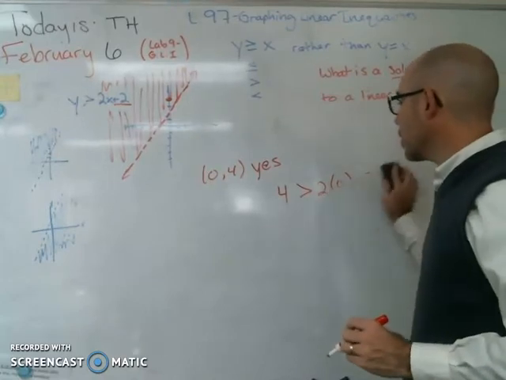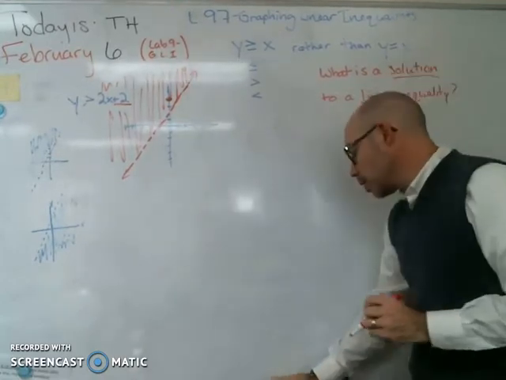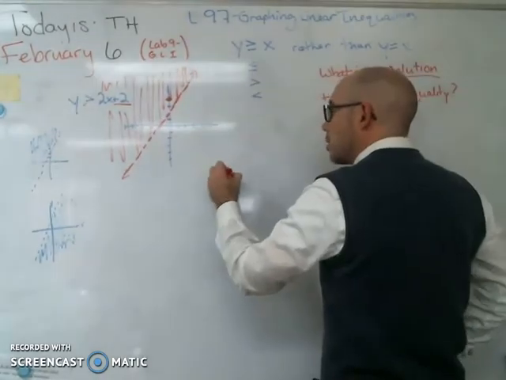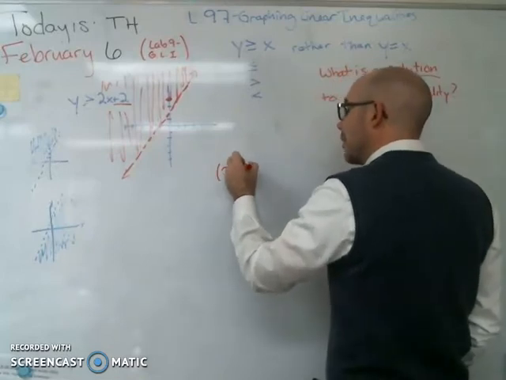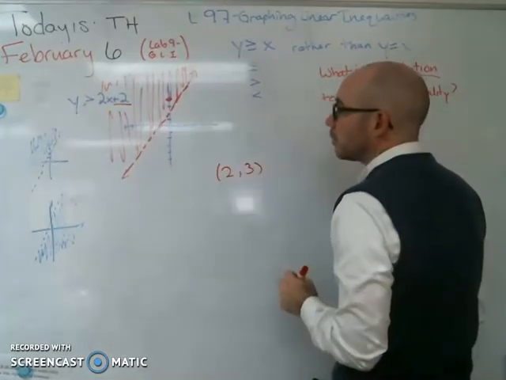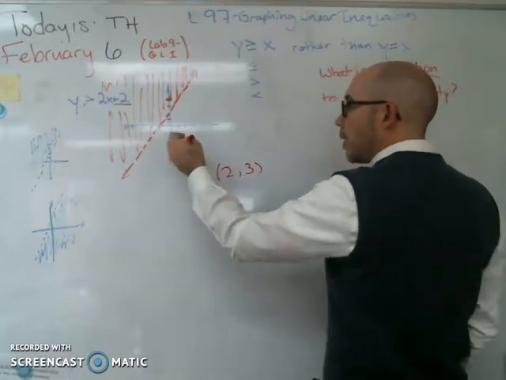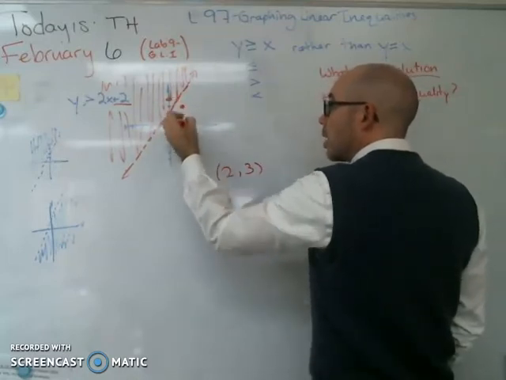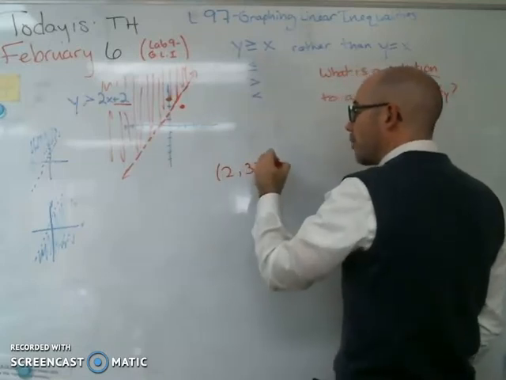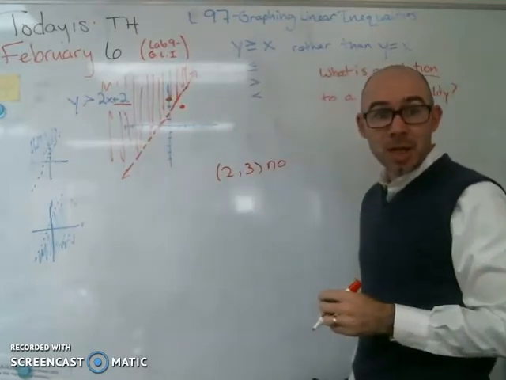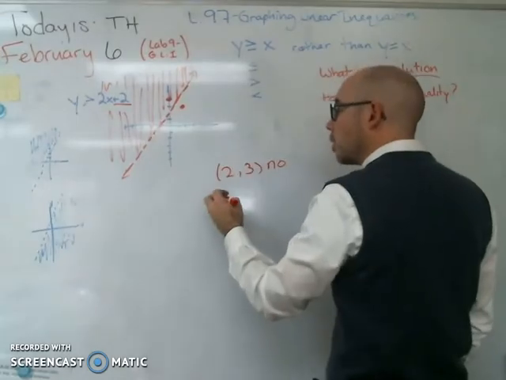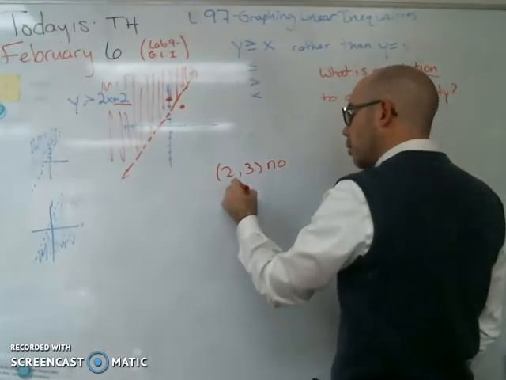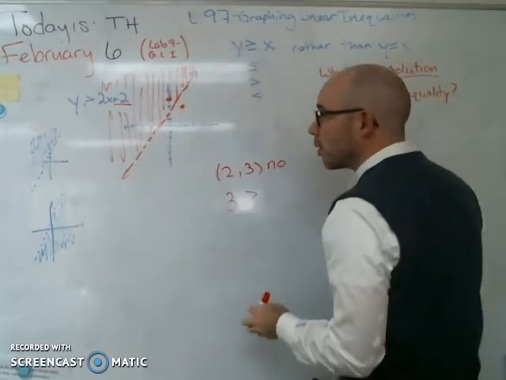Now, let me pick a different data value. Let's go with (2, 3). And if I go on the chart, I go 1, 2, 1, 2, 3, that's over here. And we'd say, no, that's not in the shaded region. But what we will do is double check and say, well, because maybe I just didn't draw my picture very well.